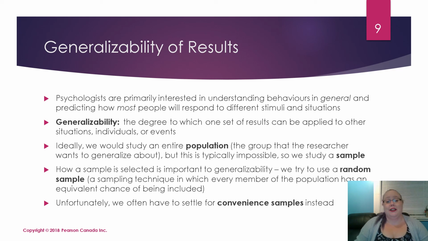So we really want to make sure we can generalize both from the individual or the small sample to the overall population, and also that we can generalize from who we're studying across different settings as well. So again, if we do a laboratory study, we're going to want those results to generalize to the greater public in the real world, which again brings in that question of ecological validity.